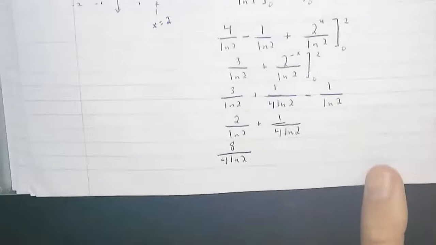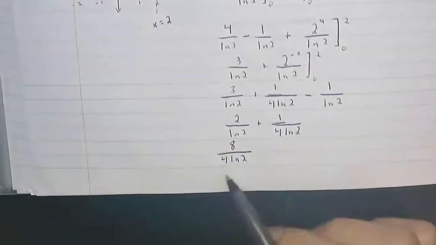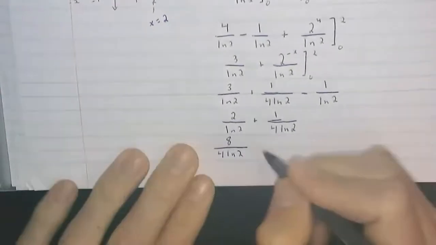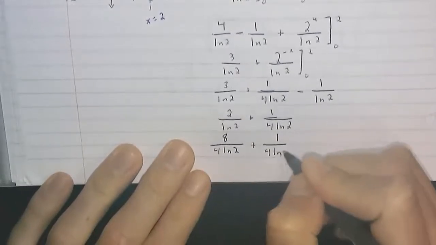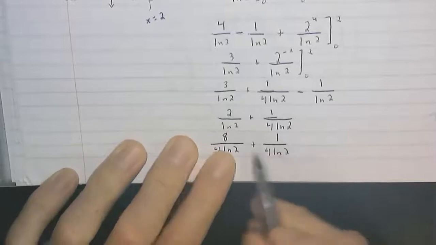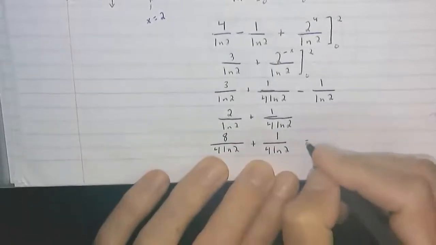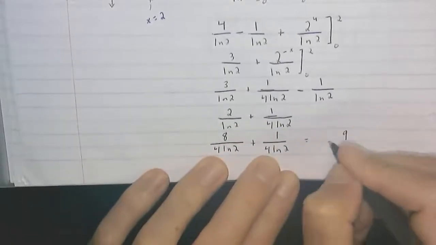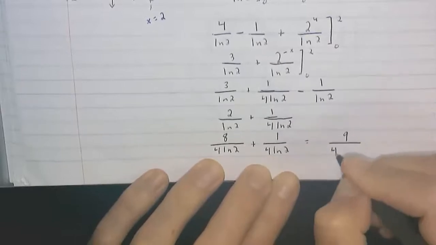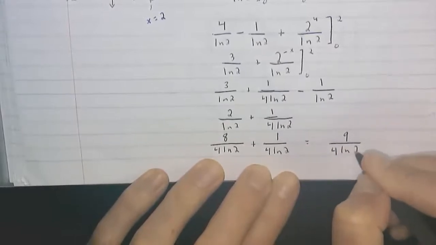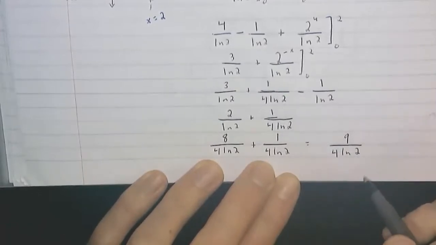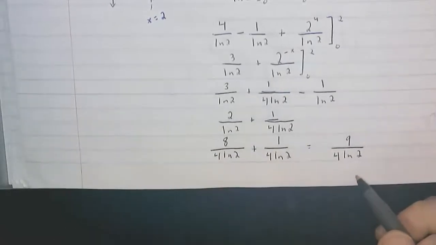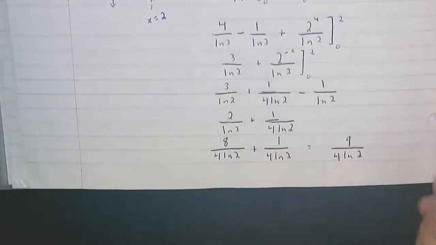There we go. 8 divided by 4 is 2, plus 1 over 4 times ln of 2. Common denominators, we finally get to 9 divided by 4 times ln of 2. And yes, Mario, if you wanted, you could write ln of 4 times the ln of 2 as the ln of 16.